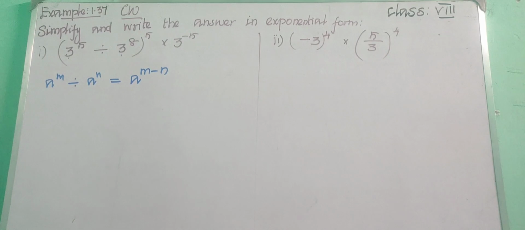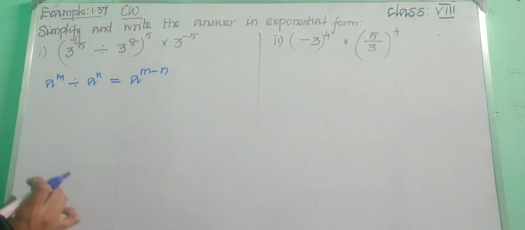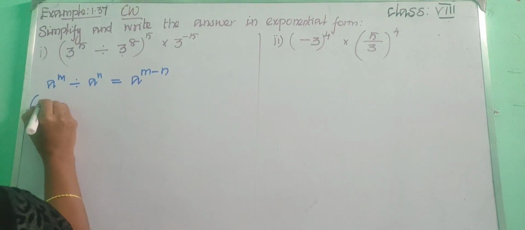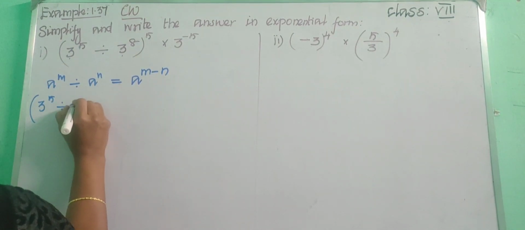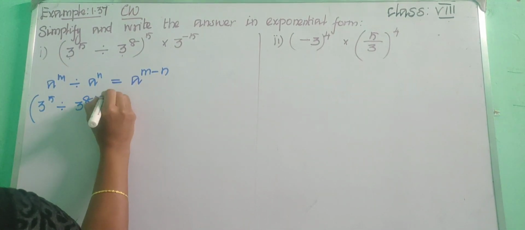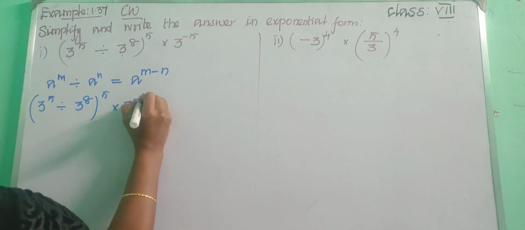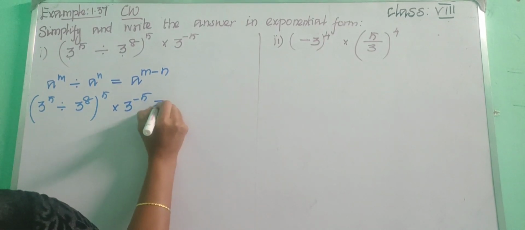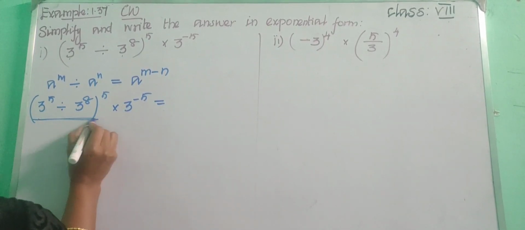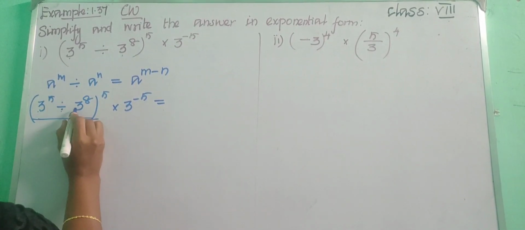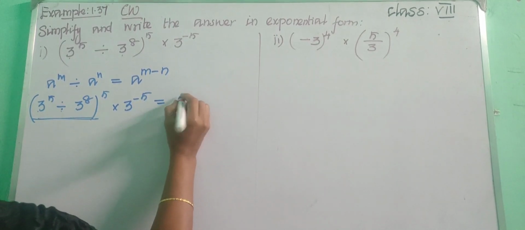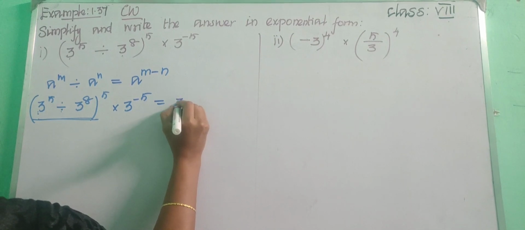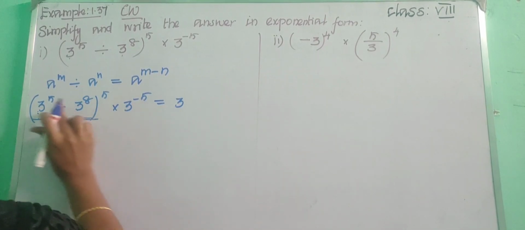Okay, children, so simply we are just solving the brackets. We can write 3 power 5 divided by 3 power 8, the whole power 5 into 3 power minus 5. So this is the question, right? For this we are just changing this. A power m divided by a power n. What is a here? 3. So 3 power, we need to subtract the powers, right?